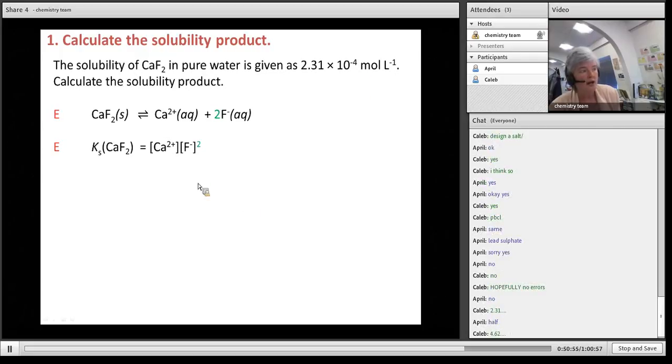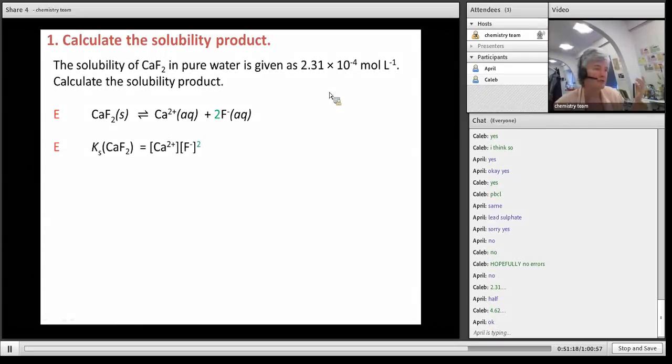What do I substitute into the fluoride? Not half, actually, double, because I've got twice as much fluoride. So for every one calcium fluoride, I've got one calcium, but I've got two fluorides. So if I've got two calciums, I'm going to have four fluorides. If I have 2.31, I'm going to have 4.62.